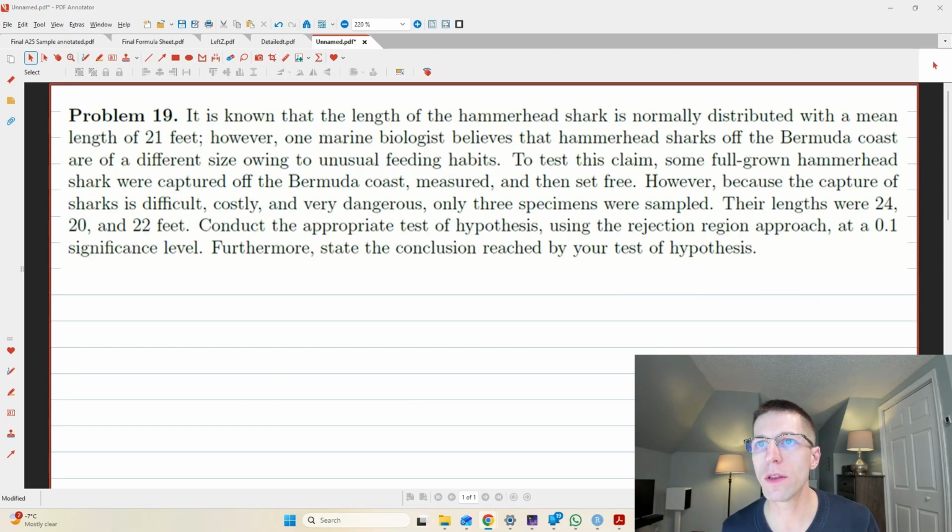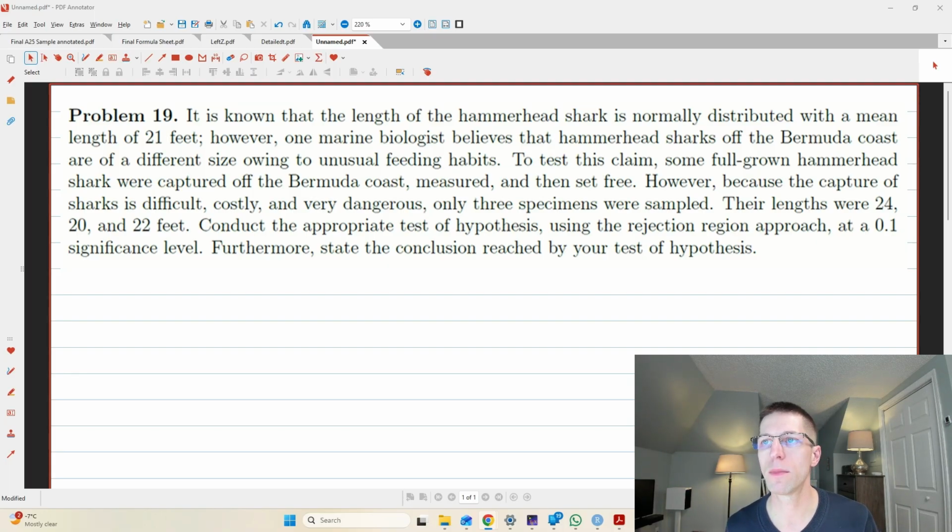Problem 19 is about hammerhead sharks. It's known that they're normally distributed with a mean length of 21 feet. However, one marine biologist believes that the ones off the coast of Bermuda are of a different size because of their different feeding habits.